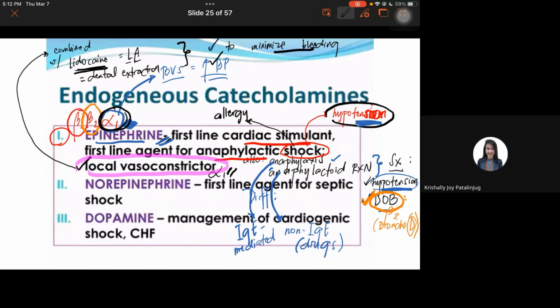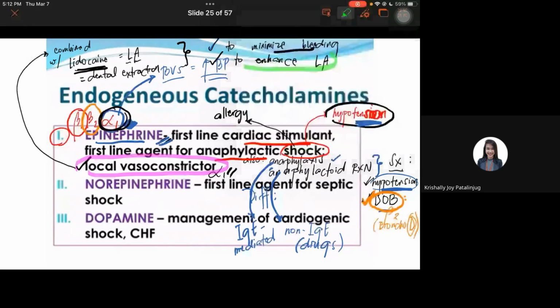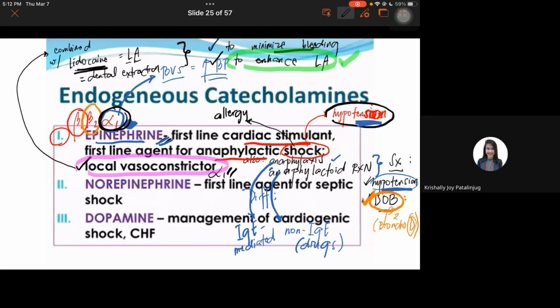Yung second beneficial effect, bakit gina-combine si epinephrine with lidocaine is to enhance the local anesthesia effect. Okay? Para ma-enhance natin yung anesthetic effect. Para hindi masakit yung portion ng ipin kung asan giibtan. Okay? Sige, let's give emphasis on this beneficial effect. Yung pangalawang beneficial effect na na-mention.